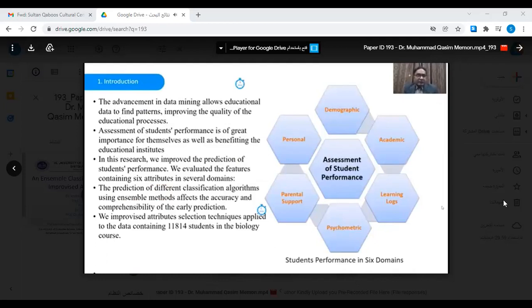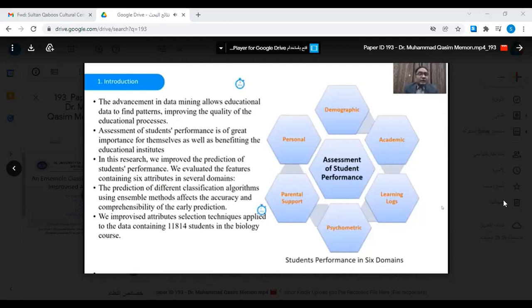So in doing so, we improved the prediction of student performance and evaluated the features containing 6 categories of attributes. On the right side, you can see the diagram containing the 6 categories of attributes or features that may be related to personal, demographic, academic, parental support, psychometric, and learning, which are considered in this work.